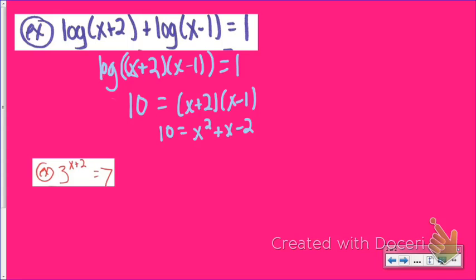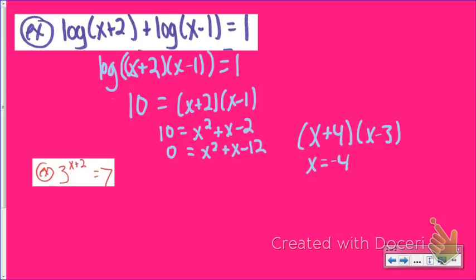And now I have a quadratic equation. So we know the easiest way to solve a quadratic equation is set it equal to 0 and then factor. So this equation is going to factor into x plus 4 and x minus 3, which means my 2 possible zeros are x equals negative 4 and x equals positive 3.